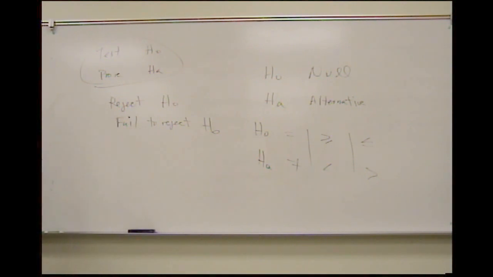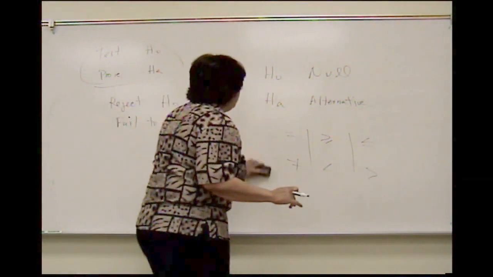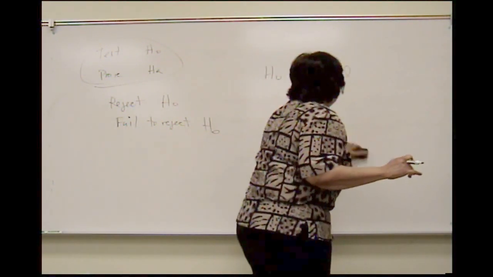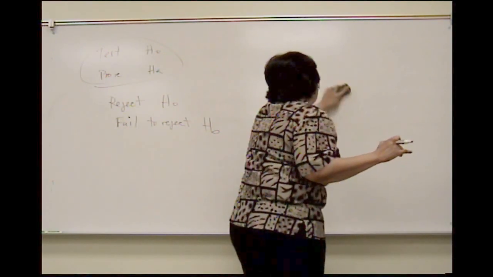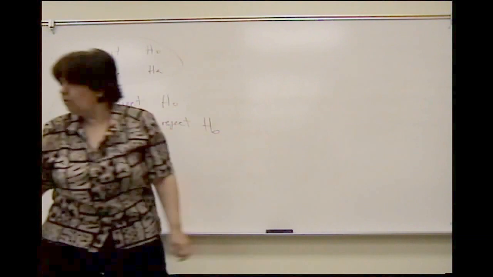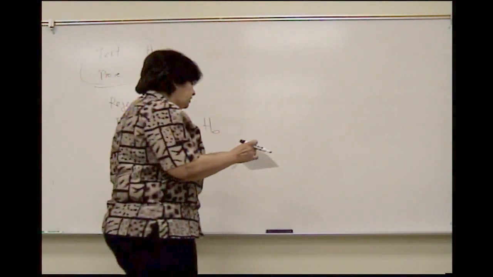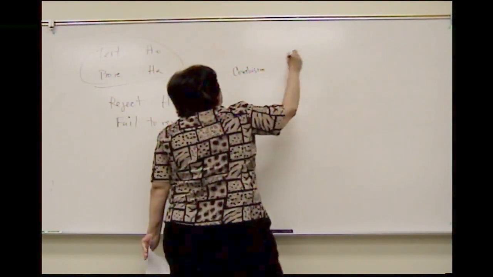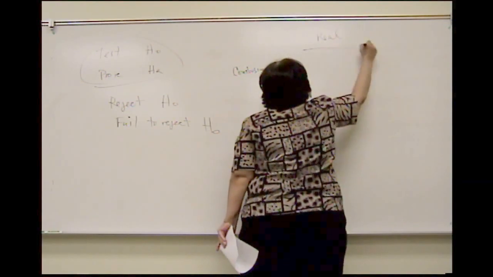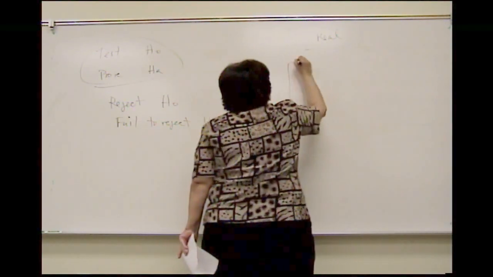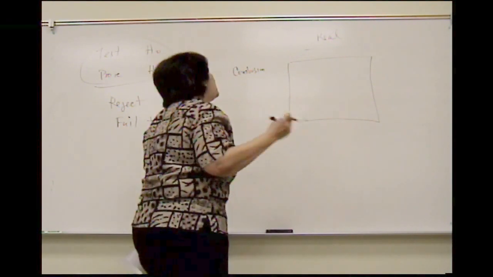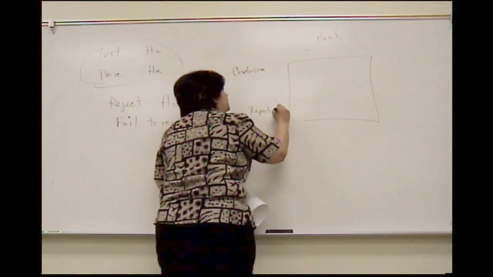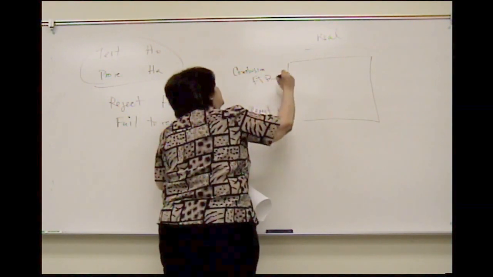Now, in hypothesis testing, since we are dealing with a sample and we are assuming something about the population, we can make mistakes. What are those mistakes? Let me do exactly as your book says. This is your conclusion, and this is the reality, real life. In my conclusion, I either reject the null hypothesis or fail to reject the null hypothesis.